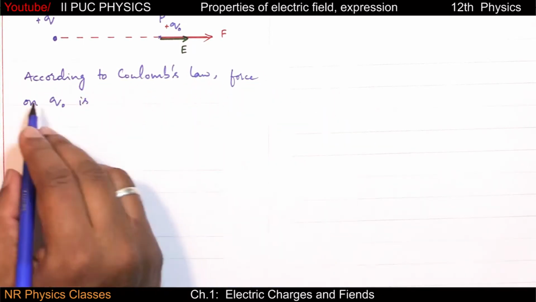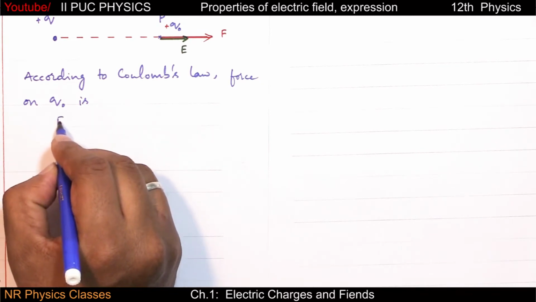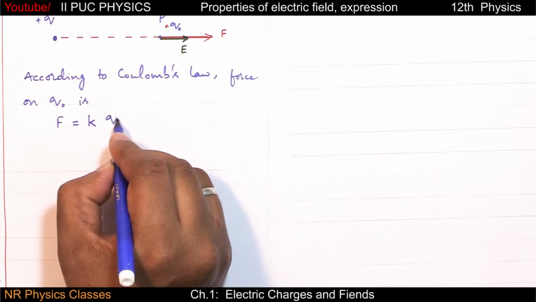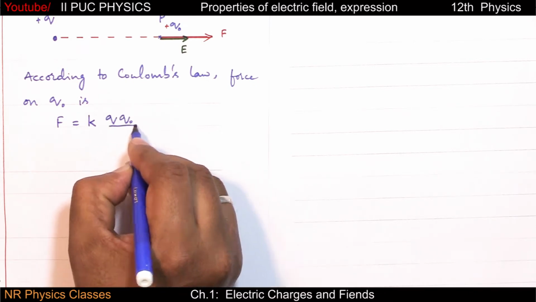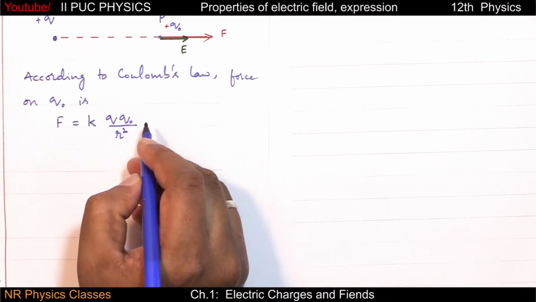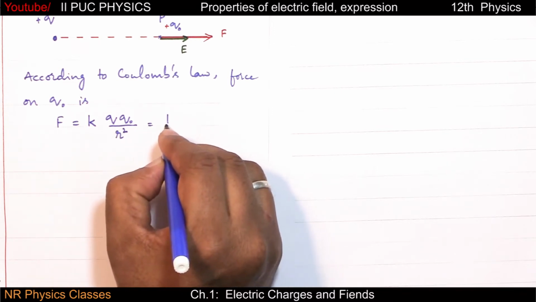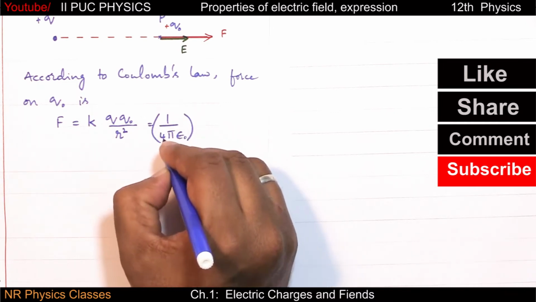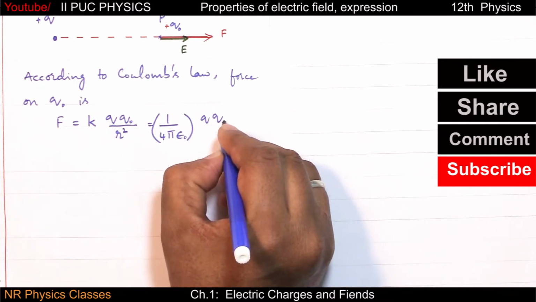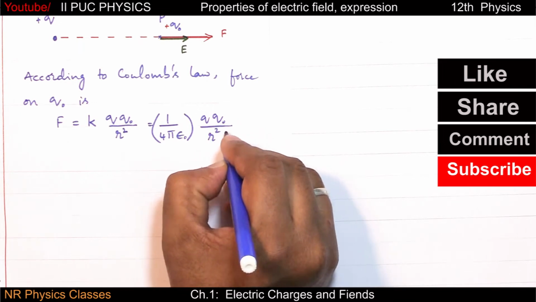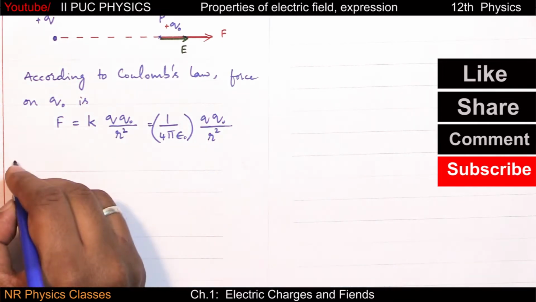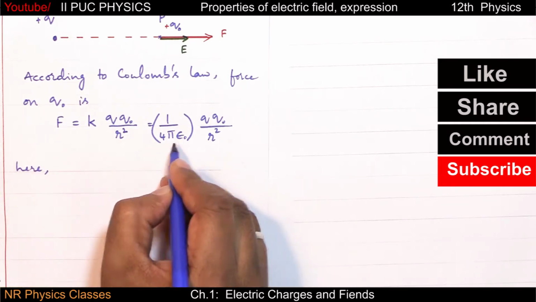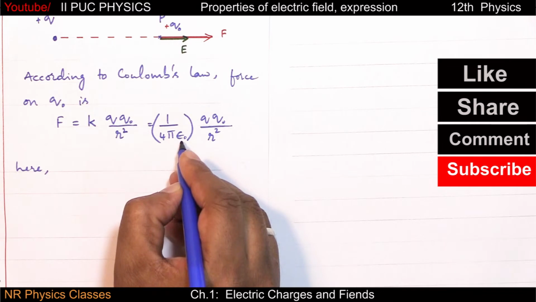According to Coulomb's law, the force on Q0 is F equal to constant Q Q0 by R square, distance square, and this constant is 1 by 4 pi epsilon naught. Here epsilon naught is the absolute permittivity of free space.